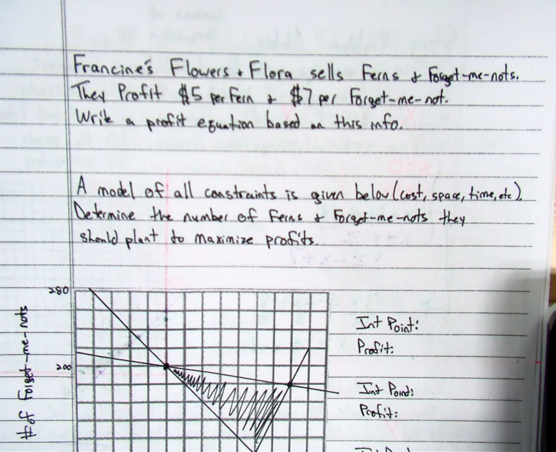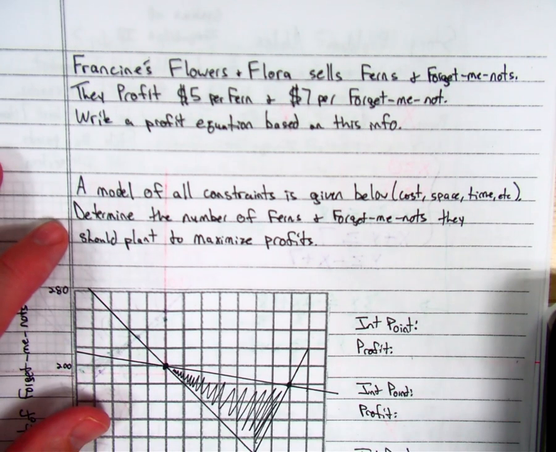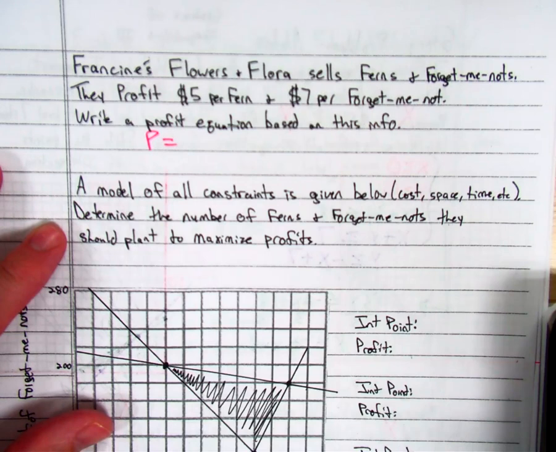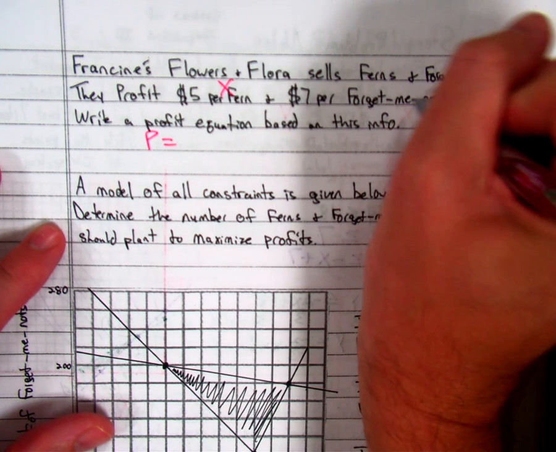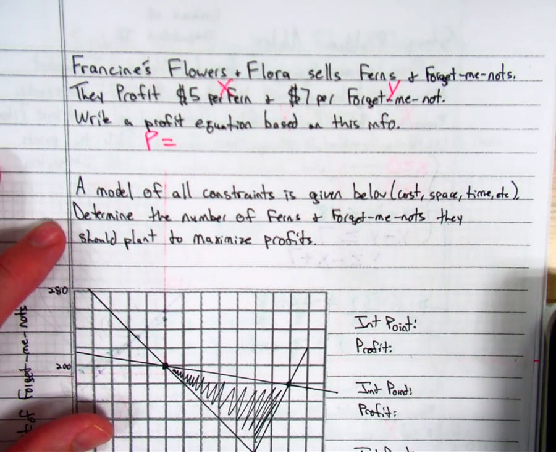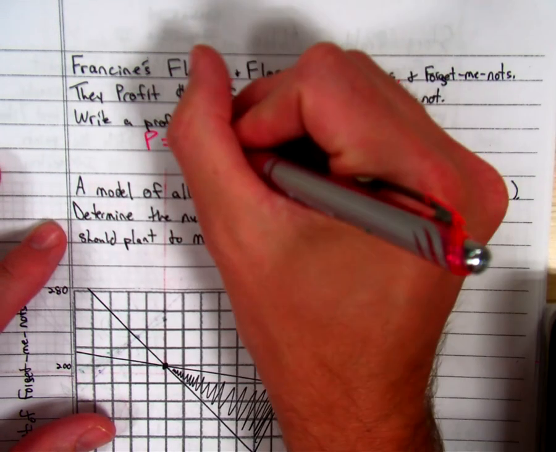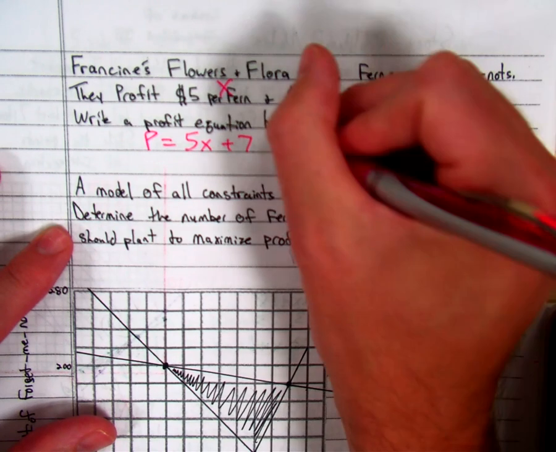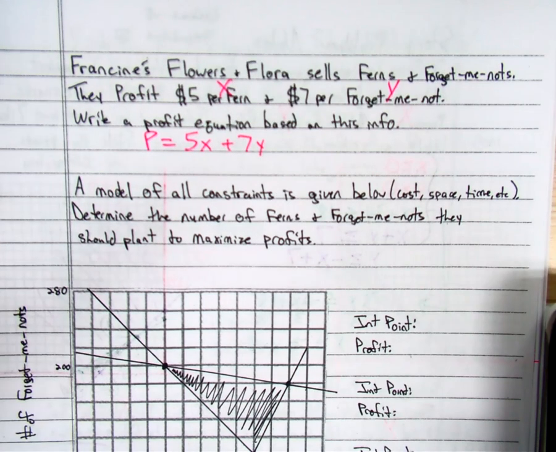They profit $5 per fern that they sell and $7 per forget-me-not. Write a profit equation. So P for profit equals, I just go in order, x, y: $5 for every fern they sell, $7 for every forget-me-not. There's our profit statement.